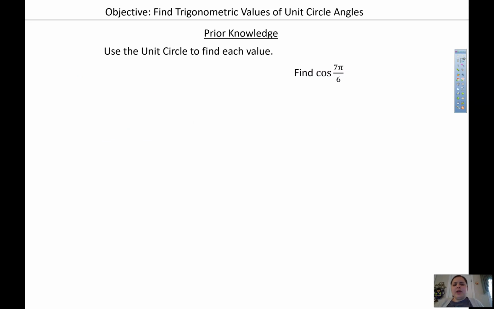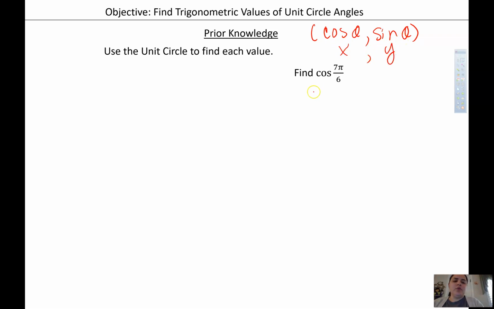Alright, so for prior knowledge, it says use the unit circle to find each value. So if we go back to your unit circle, you can go look for 7 pi over 6, but then this is asking for cosine. So really it's asking for, if you remember, cosine theta, sine theta. So x is cosine and then sine is y.